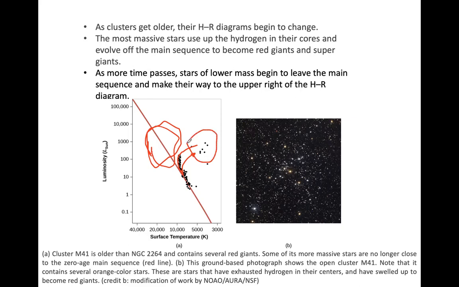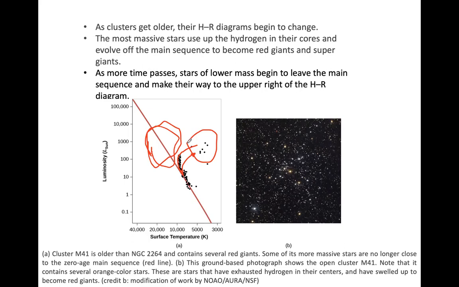Now one thing that you have to learn from here is, if I give you two HR diagrams to look at, you should be able to decide just by looking at those two HR diagrams which cluster is older and which cluster is new, right?